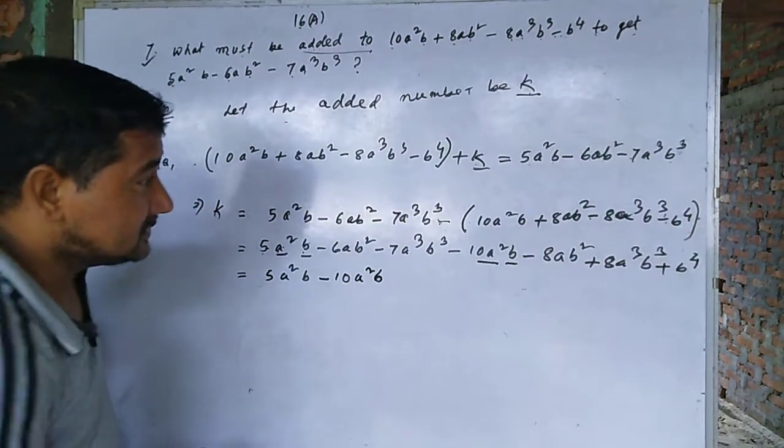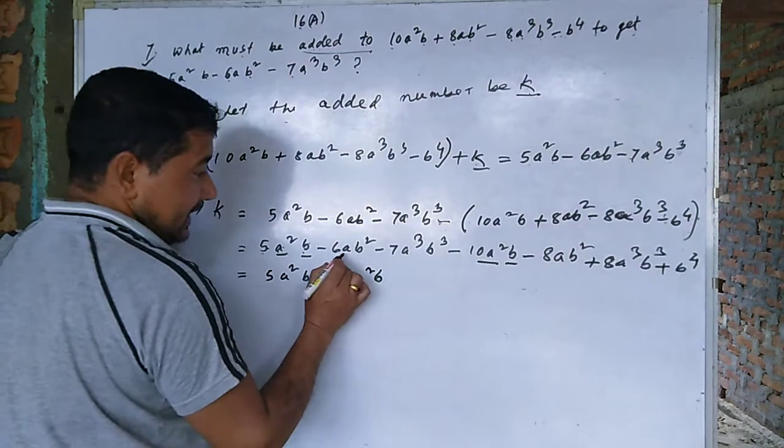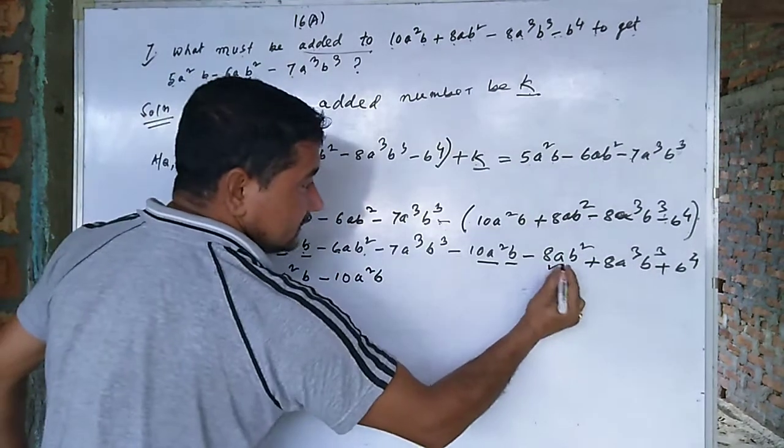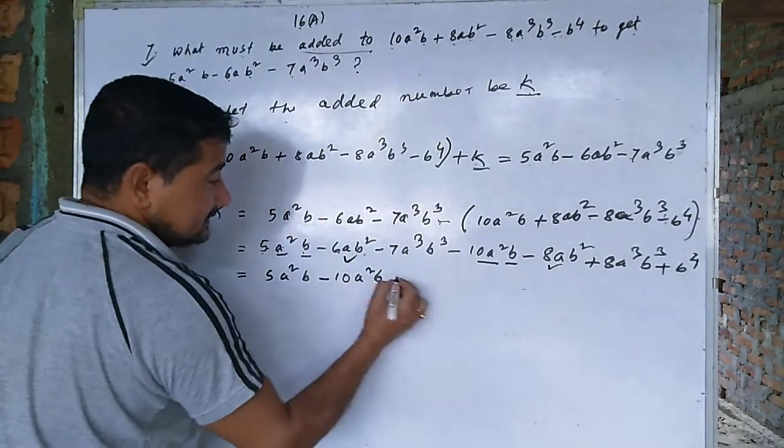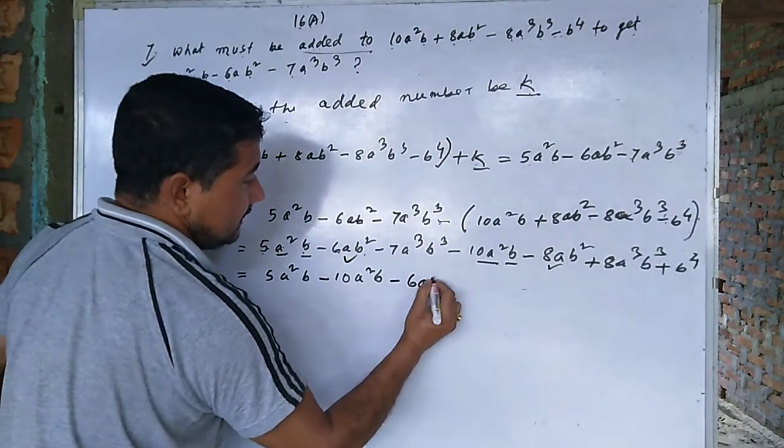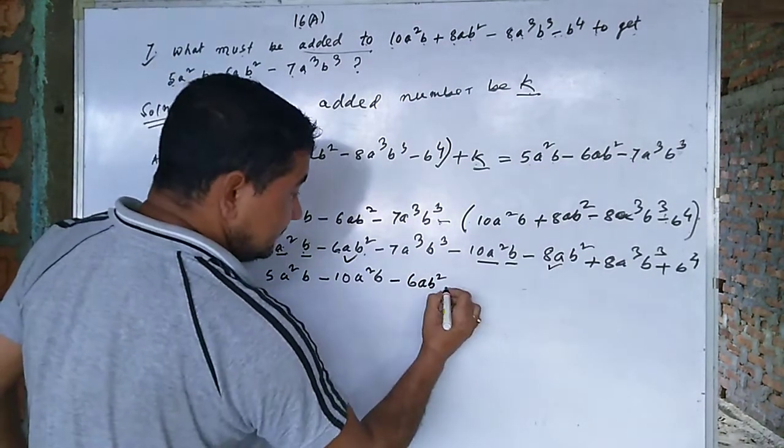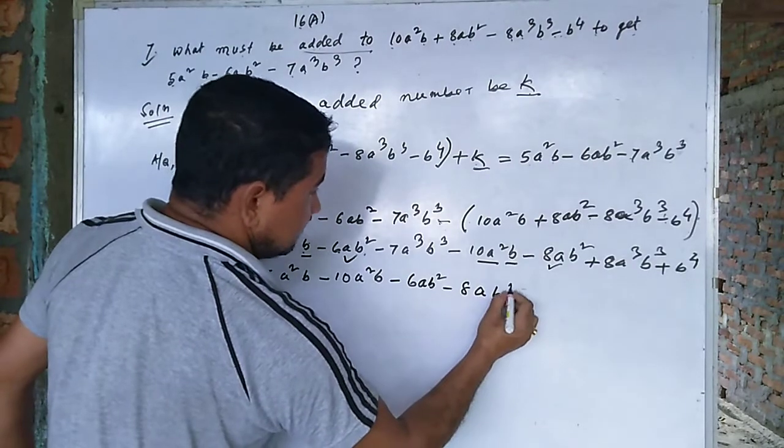Another like term is ab square: minus 6ab square and minus 8ab square.